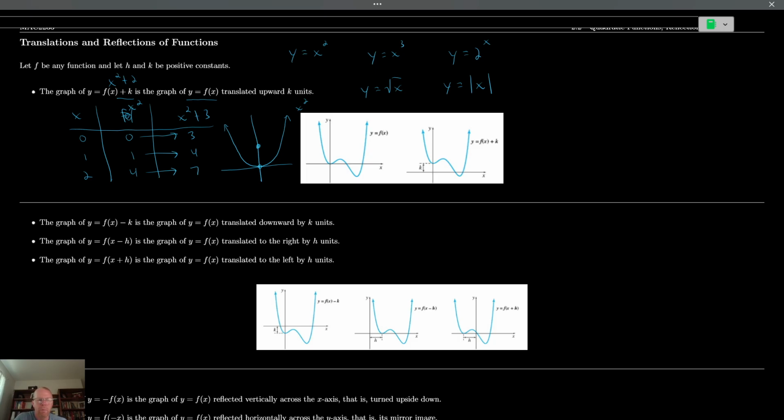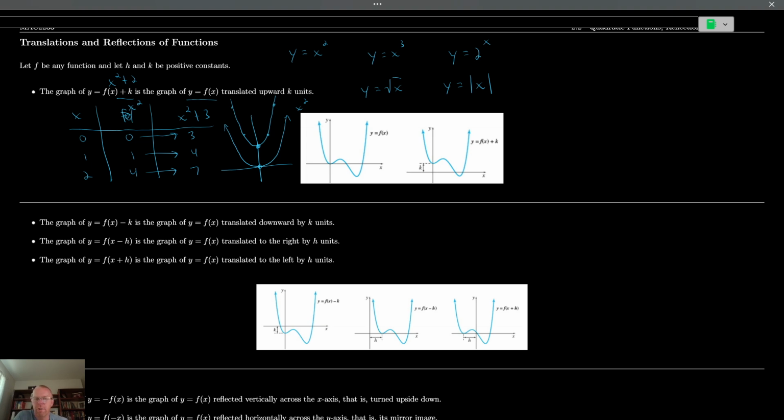Instead of 1, 1, we have 1, 4, so we go up 4. Instead of 2, 4, we have 2, 7, which will be up here. You could also do some negatives, and that's going to look like that. Then we look at the graph, and you can see it's just shifted up.